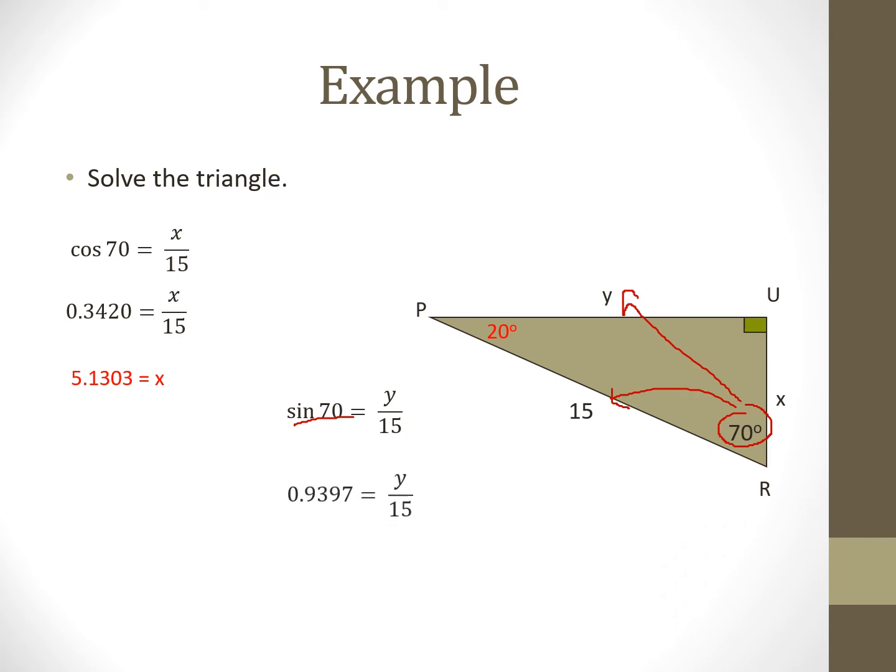Again, on your calculator, punch in sine of 70 and you should get 0.9397, and then multiply both sides by 15. All right, and now we have successfully solved the triangle. We got all three angles and all three sides solved for.